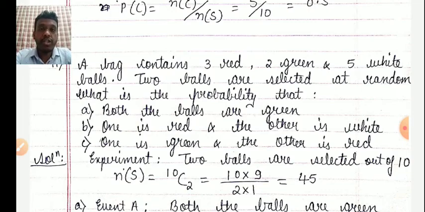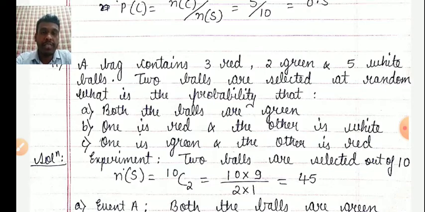So total number of combinations when you are talking about, it is NCR, where n is the total number of items available, and this bottom number, that is 2, represents the number of items you are taking at a time. So this becomes 10C2, and it is given by 10 into 9 divided by 2 into 1.